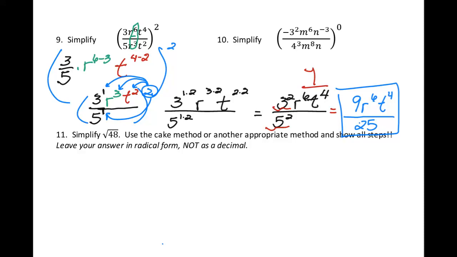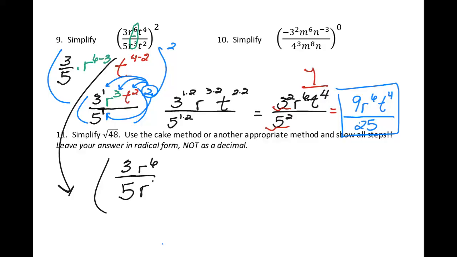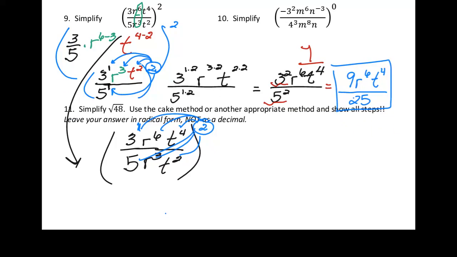The other way, I'm going to do this down here, is to say 3/5 r to the third, t to the fourth, divided by t squared, and to square everything right away. If this is all squared, take 2 times all of these and 2 times all of these, and then simplify.